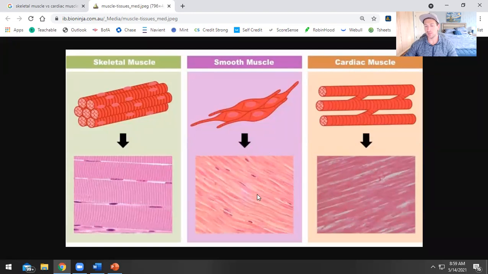You've got smooth muscle, which is very, very smooth. That is the muscles of your organs and things like that, even parts of your blood vessels. They're very smooth pieces of muscle. But if you look at skeletal muscle, you'll notice it has these big stripes on it. We call those striations, right? You can see these intense little stripes there.